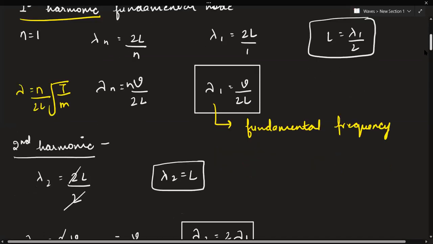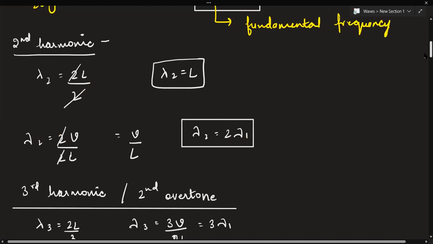Then at n equals to 2, this will be the second harmonic, the second mode of vibration. At n equals to 2, the corresponding wavelength will be equal to lambda, as discussed previously. And the frequency for the second one will be 2v divided by 2l. Frequency was nv divided by 2l.